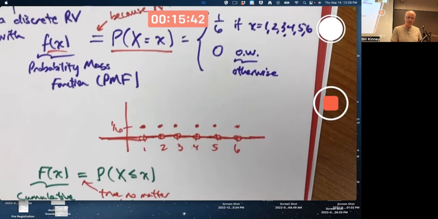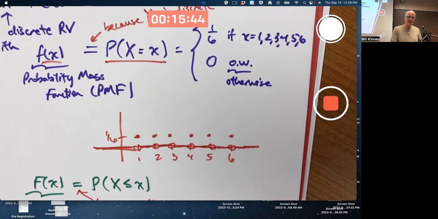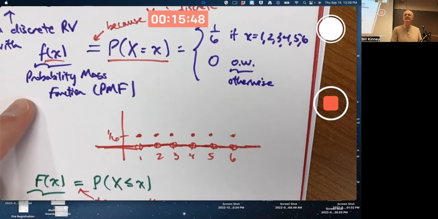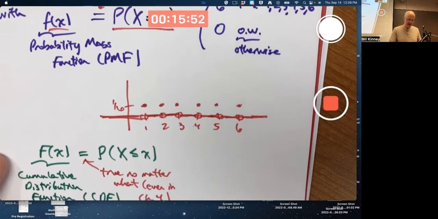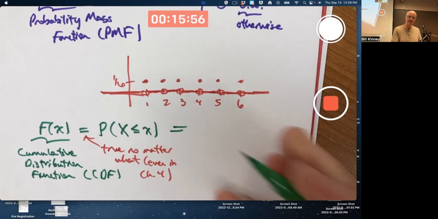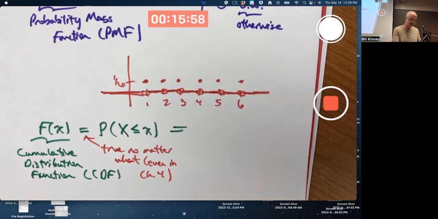What does this equal? Evidently, I have to use the PMF, effectively add up its values. Yeah. In the discrete case, this equation is only going to work since x is discrete.